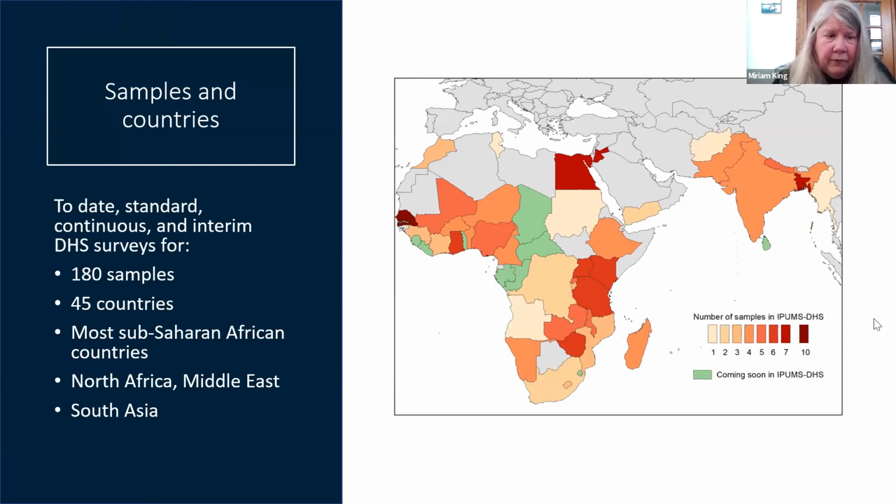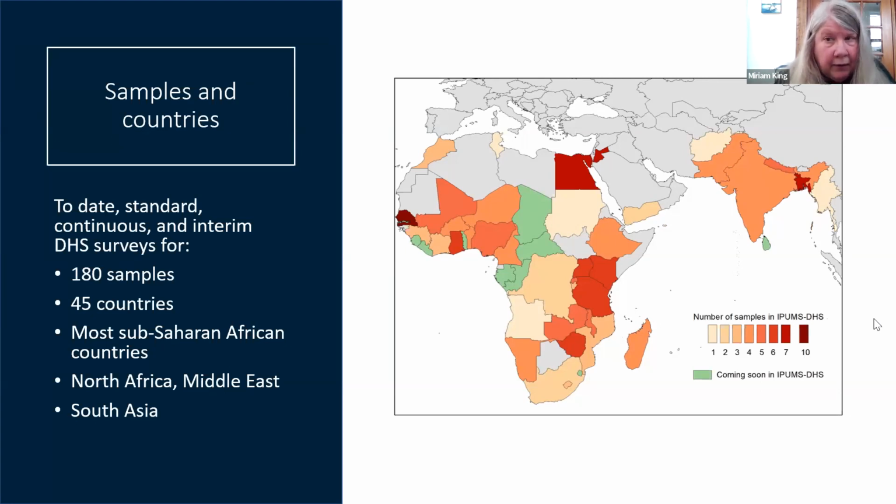We were initially funded to focus on Africa and South Asia. And we currently cover most of the sub-Saharan African countries, North African countries, Middle Eastern countries, and South Asian countries in DHS.